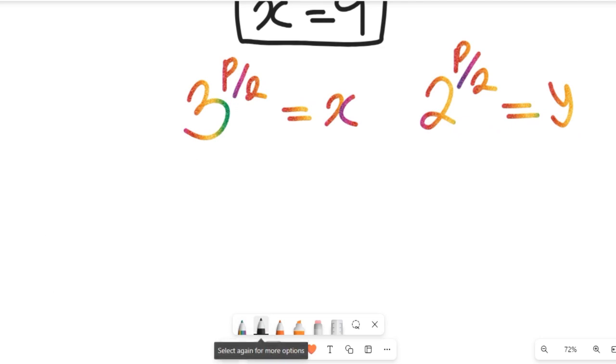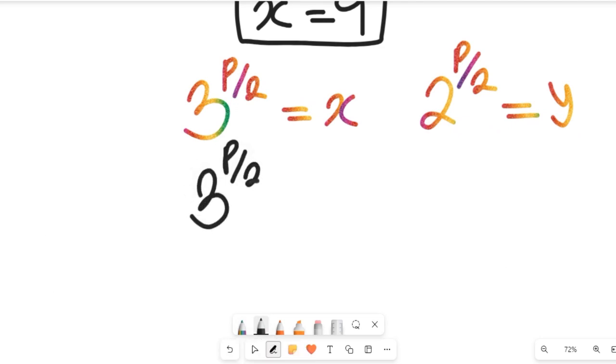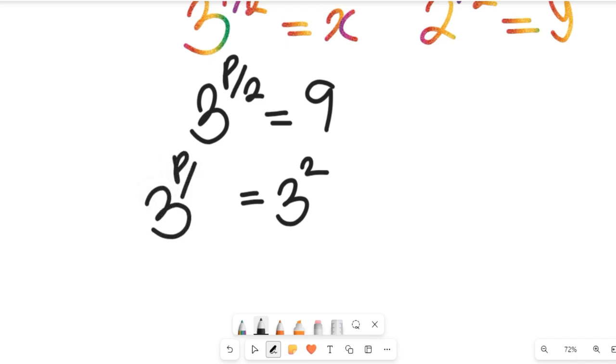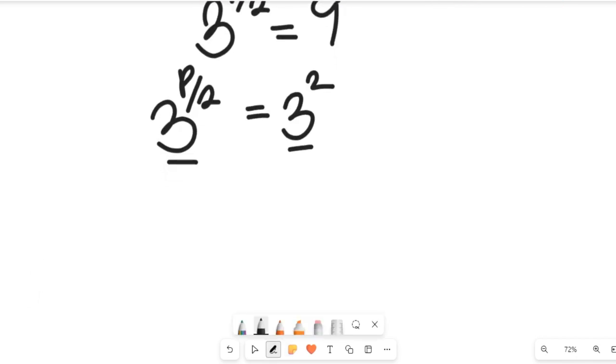The value of x will give us 3 to the power of p divided by 2 to be equal to 9. And from this expression, we can simply say that 3 to the power of 2 is equal to 9, right? And then we'll have 3 to the power of p divided by 2. From the law of indices, we have the same base. And since we have the same base, the powers will equate.